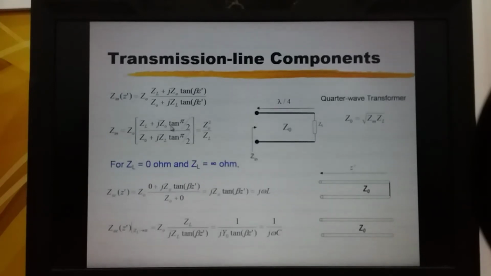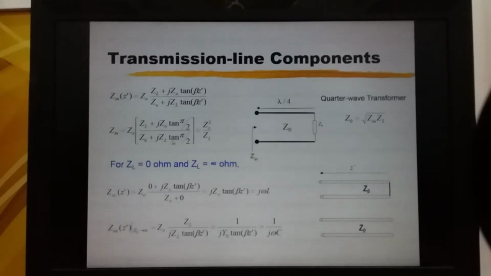So tangent pi over 2 will be equal to infinity. So therefore ZL will be negligible compared to this second term. The same goes for the denominator, where Z0 is negligible compared to the second term.